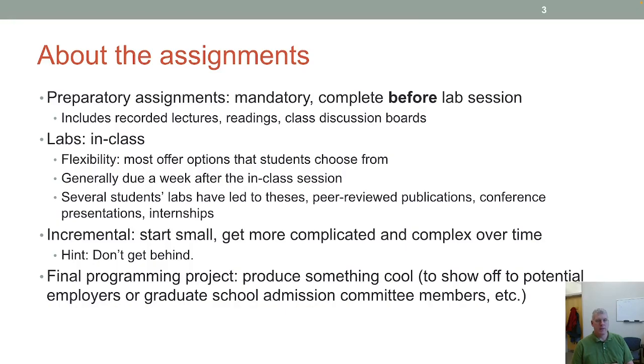And just to point out, several students in the past in this class, their labs and their final projects have led to theses, master's theses, or publications, or conference presentations, or even internships. Just to be very upfront, students with the ability to process speech are marketable. And we go incrementally. We start small, become more and more complicated and complex over time.